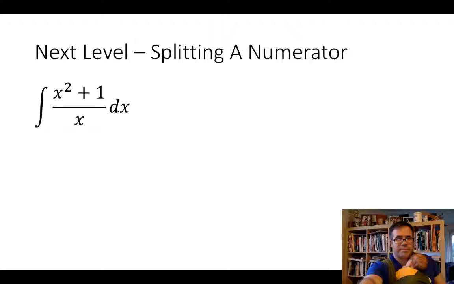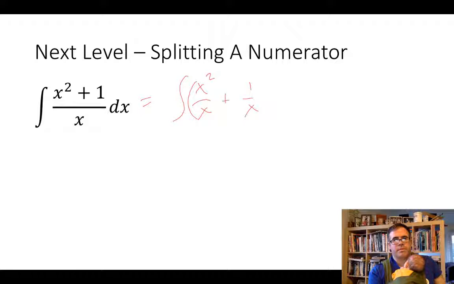Next level, splitting a numerator. So we have something like this, and we're like, that doesn't fit anything. But if you have addition or subtraction in the numerator of a fraction, you can rewrite it as two separate fractions. This you can rewrite as x squared over x plus 1 over x dx.